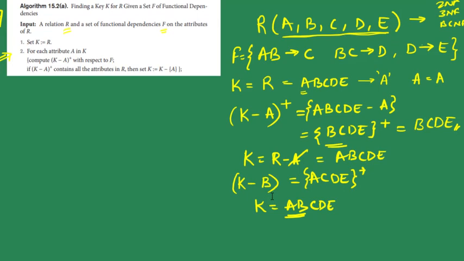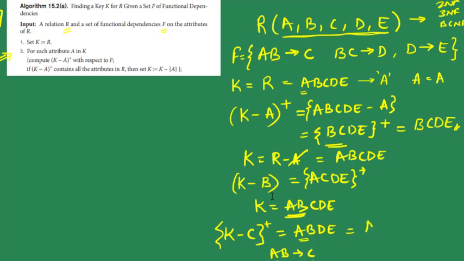Let us look at C now. So K minus C will be ABDE. Now if I apply AB arrow C, I can restore C. AB is present in this, so this is like your Y arrow Z. So Y is contained in your K minus C plus, so we can include Z into this.